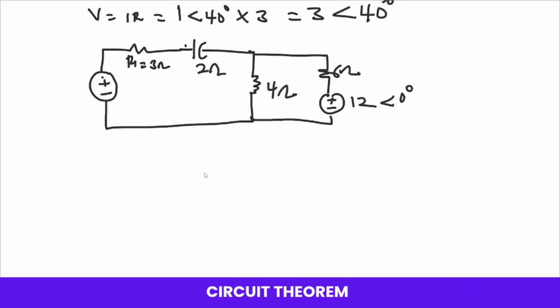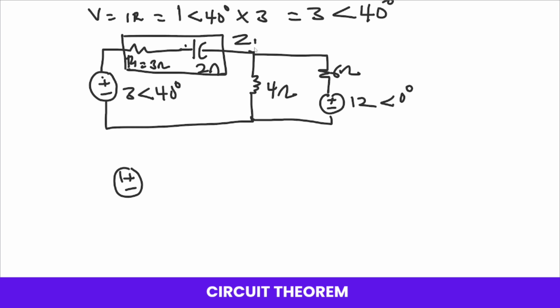Now the next thing we are going to do is to convert it into equivalent single impedances. Okay. So this one, the result we had was 3 angle 40 degrees. For you to do that, all you need to do is to represent the resistance and capacitance in series as an equivalent impedance. So with the whole of what I have here, I'm going to convert it into a single impedance Z1.